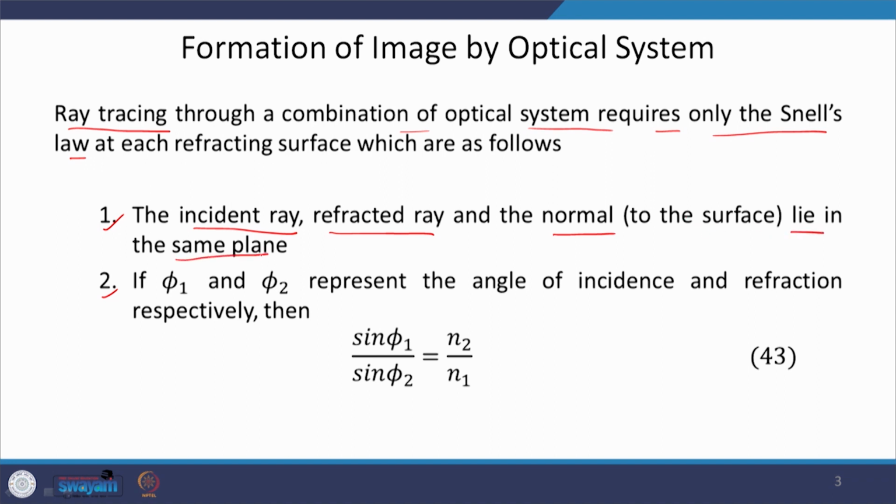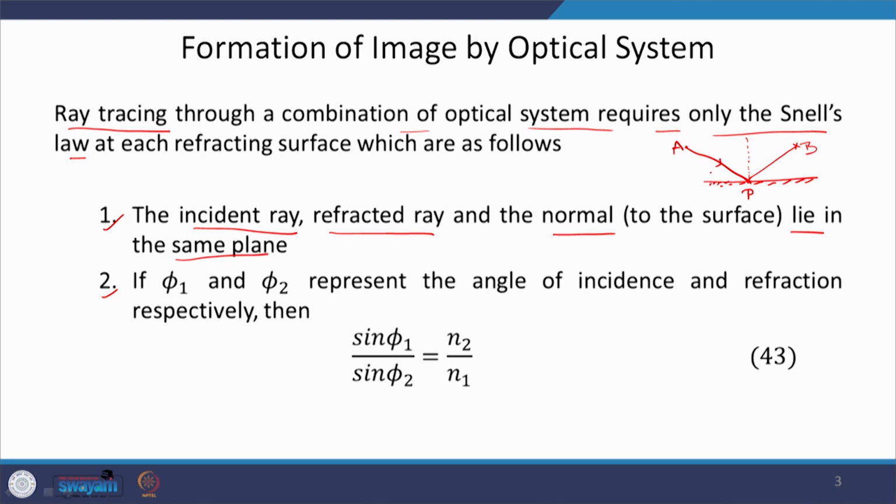the same plane. As we discussed, suppose this is our mirror, and our ray is starting from a certain point A, and then it travels to the mirror and falls at a certain point P. Then after point P, it reflects back to point B. Now, we draw a perpendicular at point P on the mirror.